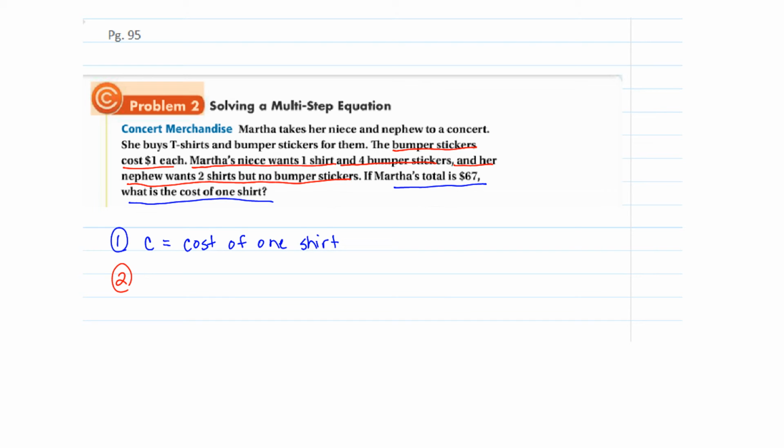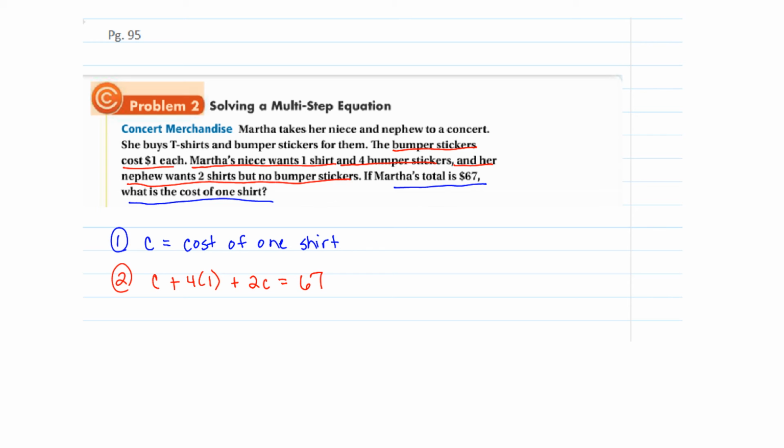Now it says the niece wants 1 shirt, which would be 1C. And she wants 4 bumper stickers, which would be 4 times $1. The nephew wants 2 shirts, which would be 2 times its cost, but no bumper stickers. And her total bill is $67, so equals 67.